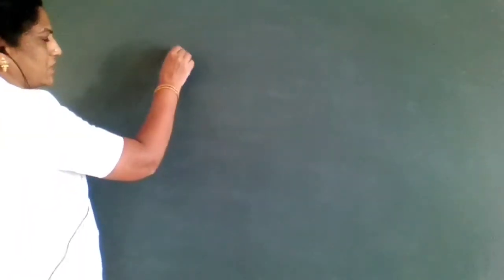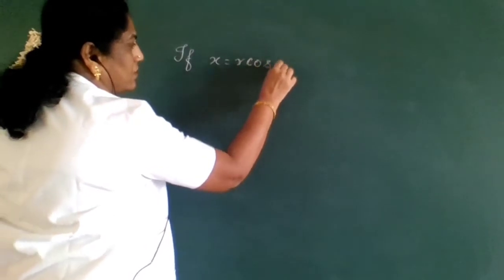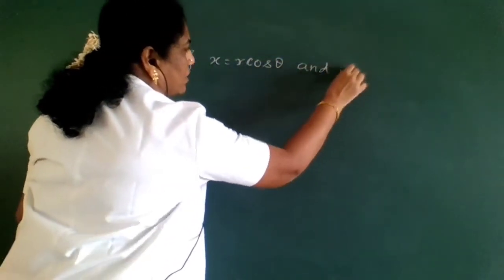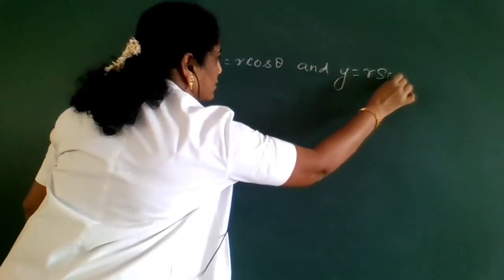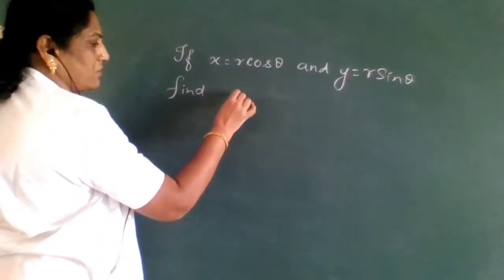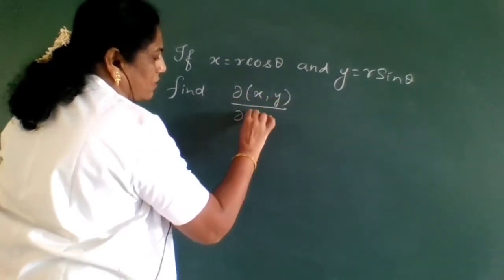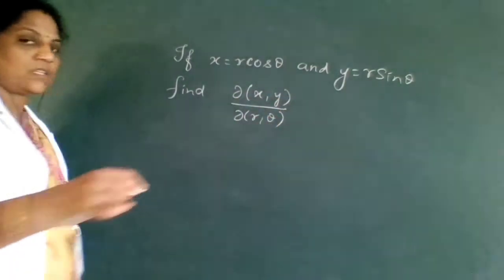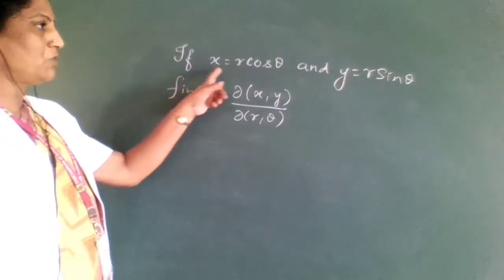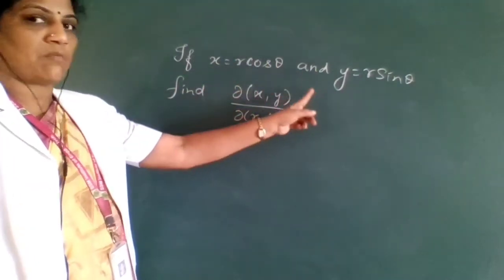If x equals r cos theta and y equals r sin theta, find the Jacobian ∂(x,y)/∂(r,θ). Here we use a two variable function, x and y, which contain r comma theta.